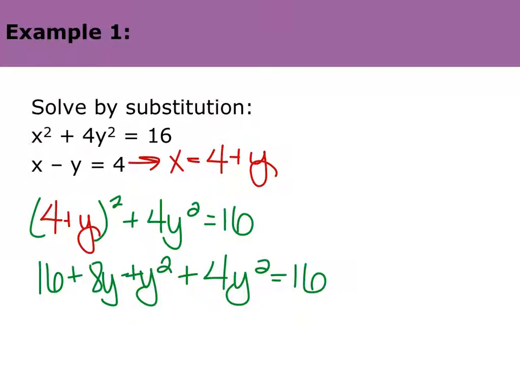And then we can combine like terms on the left-hand side to get 5y squared plus 8y. And I'm going to go ahead and subtract 16 from both sides, and that gives us 0 over on the right.